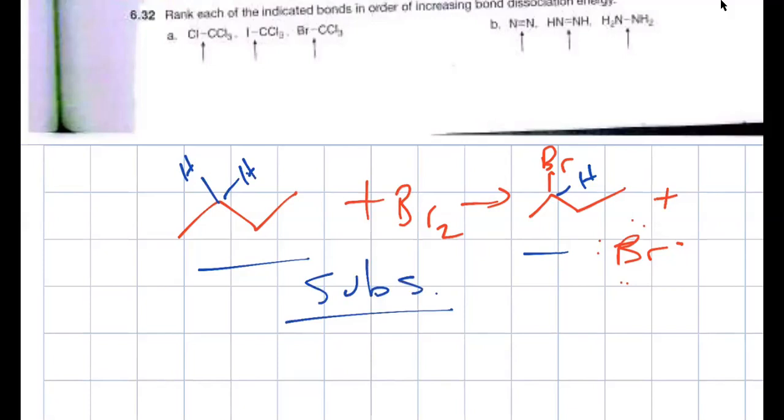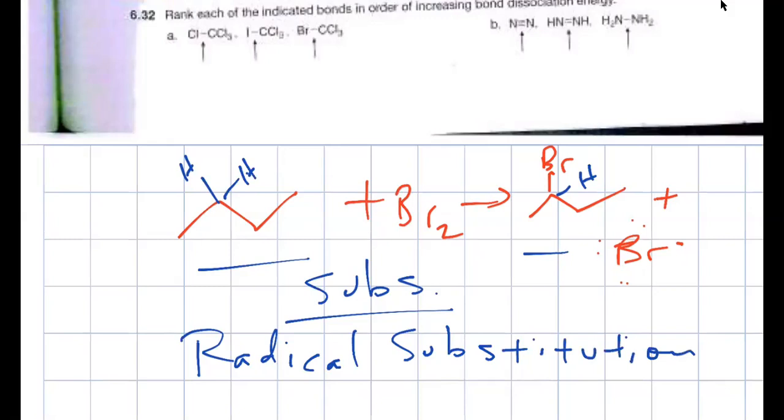But it's not direct. In this case, this is not a direct substitution like we just saw. This type of substitution happens in what we call a radical fashion. So it's called radical substitution, and I'm going to show you how this happens.